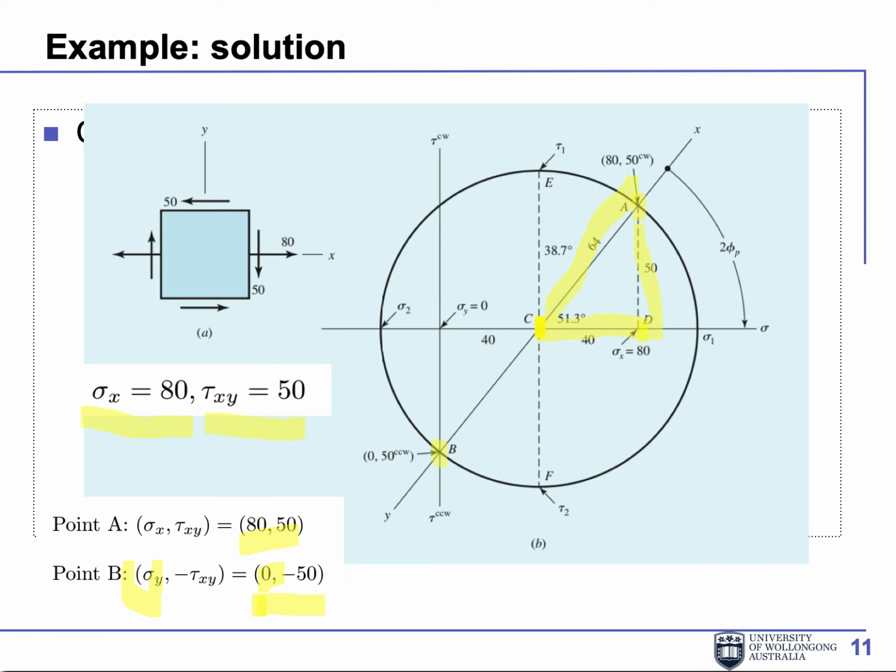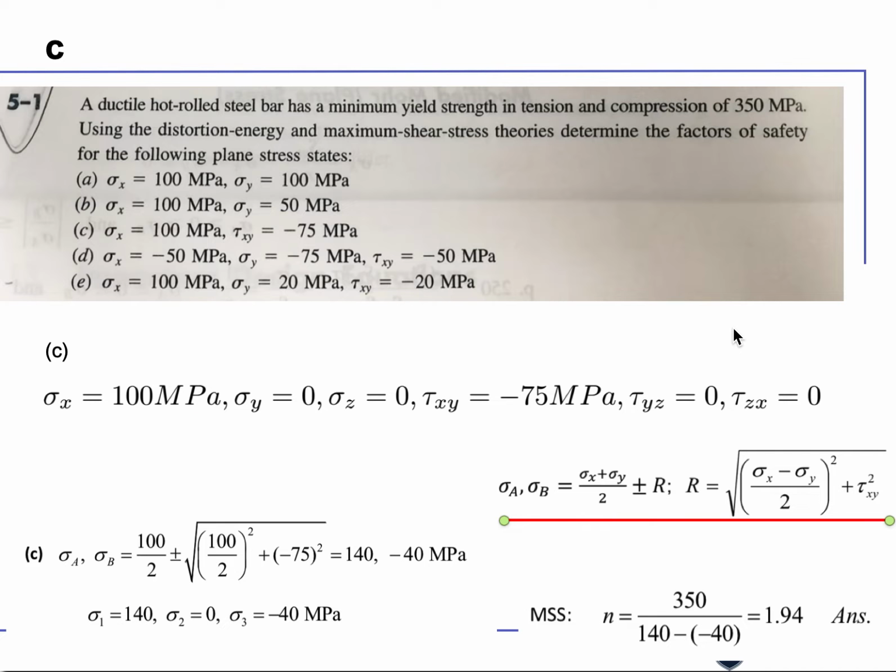Because this is 40 and that's 50, you can easily read from there. The radius is 64, so this is also 64. So this point is 40 minus 64, and this point is 40 plus 64. So you can basically solve everything.